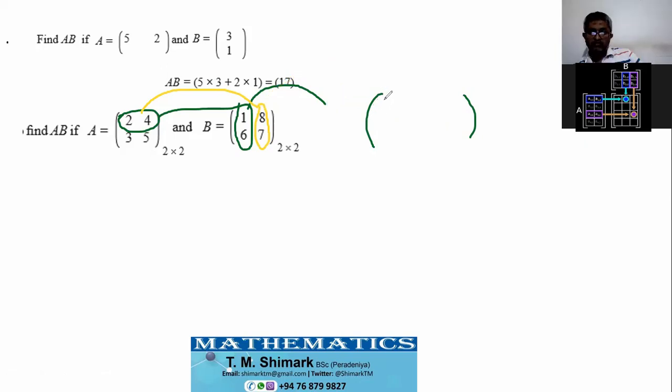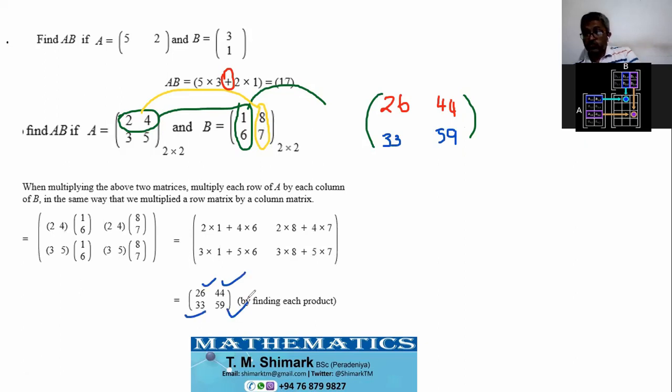What's the first element? You have to multiply and add. First element is 26. First row, second element 44, 33, 59. Let's check the answer. Yes. So you understood, right?